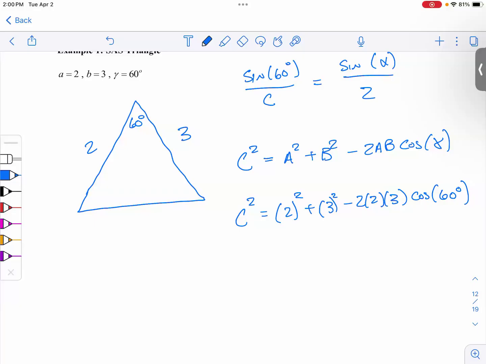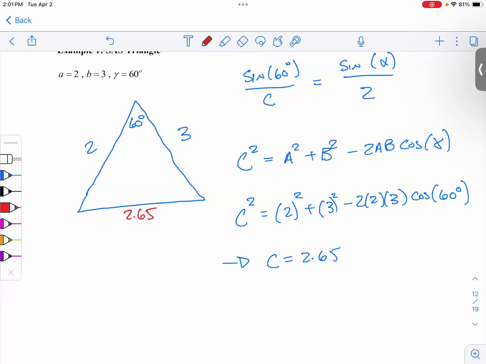Once I plug everything in, notice I only have one unknown, which is much, much better. One unknown, all right? And then it's just a matter of calculating away and square rooting. And C becomes, calculate away, and I can find that.